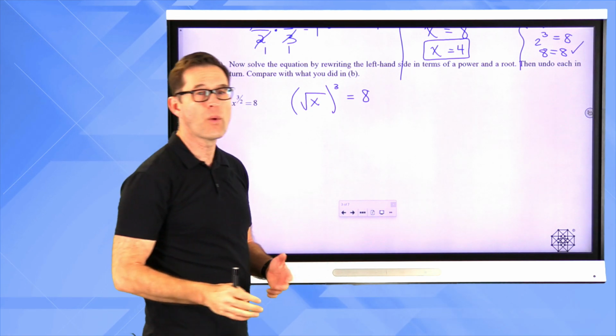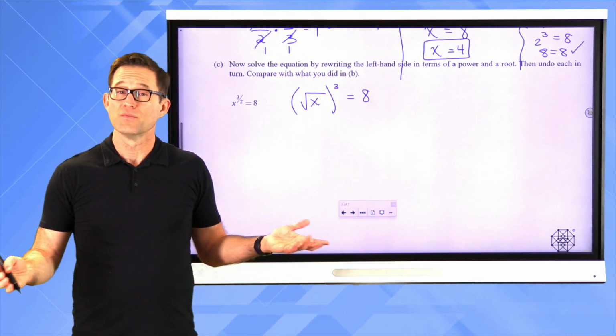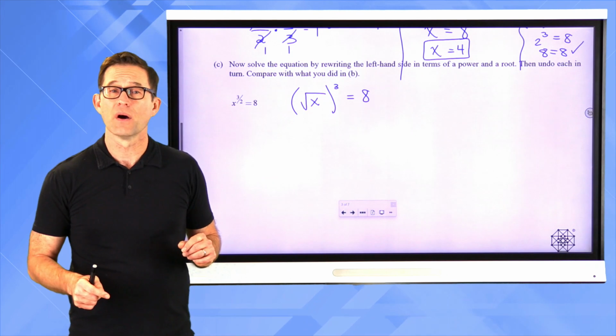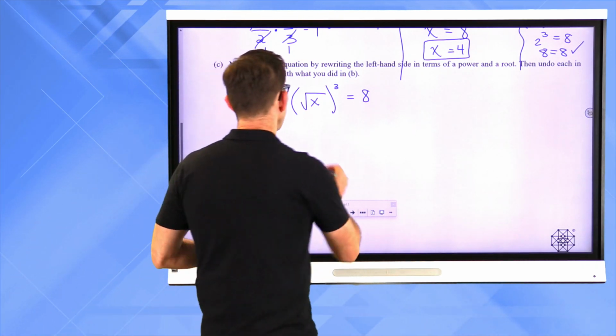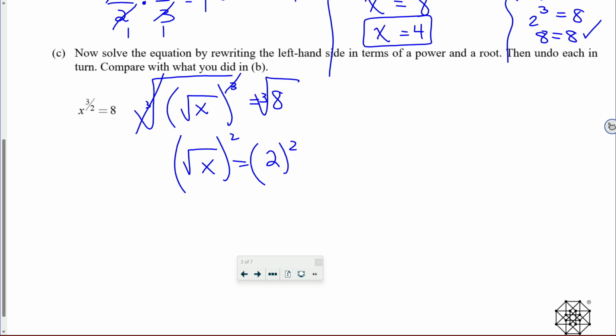Right? So that's one way of rewriting this equation. Now, to undo this, I could then take the cubed root of both sides, and that's going to cancel, leaving me with the square root of x is equal to the cubed root of 8, which is 2. And then I could square both sides, and I could get x is equal to 4.